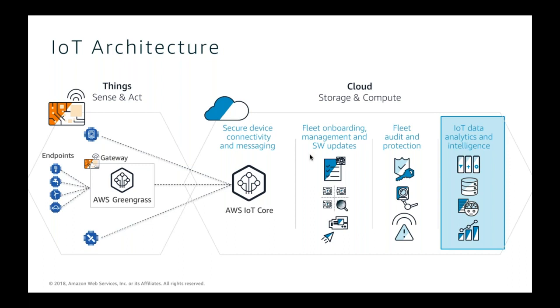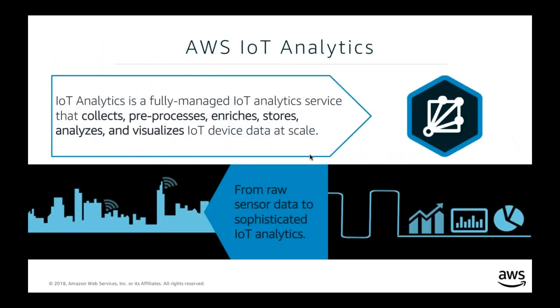So we'll go in more depth on IoT Analytics. So what is IoT Analytics? It's a fully managed service which allows you to collect, process, and enrich your data sets. By enrichment, we mean you can bring in contextual data from other sources to make sense of the IoT data stream.